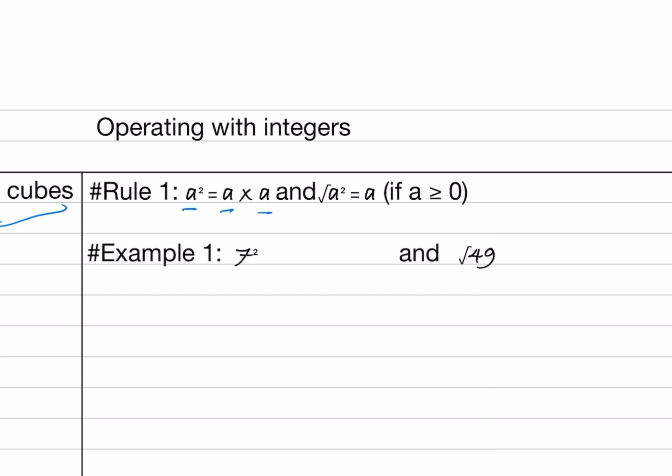It's not the same as 2a. 2a is a plus a, which you will be exploring in algebra later on. But in this video, we will talk about just a square, which is a multiplied by a.